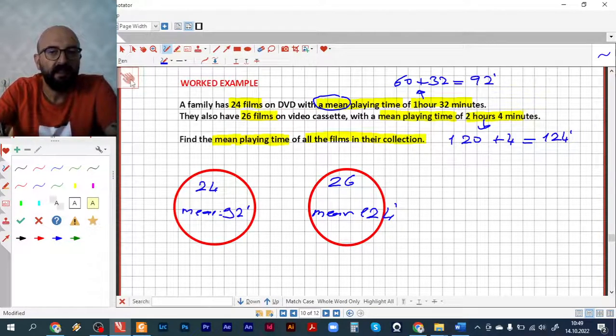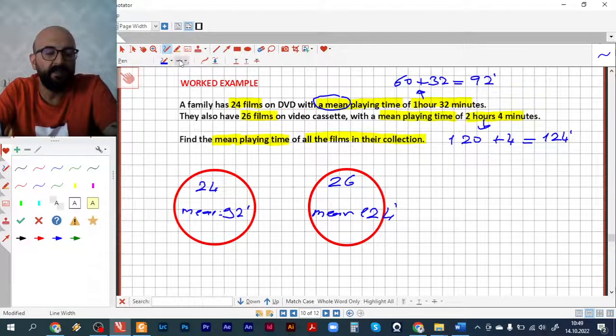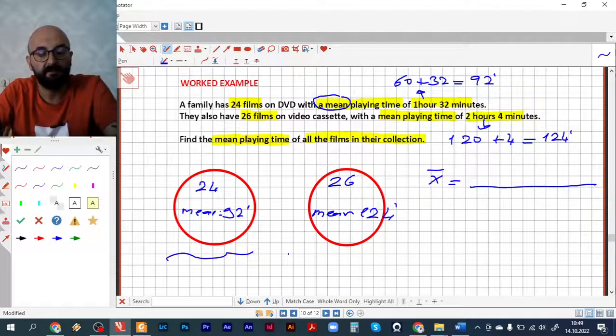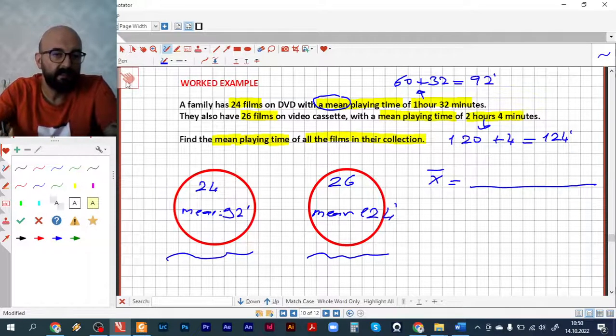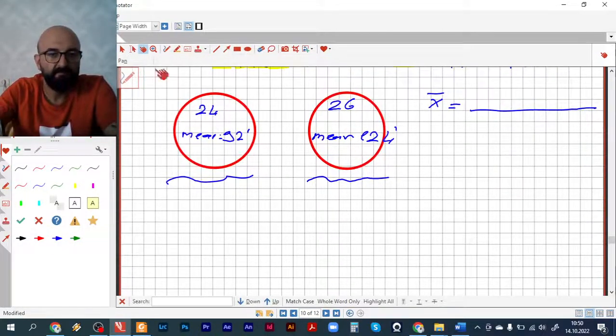And if we want to find all the data's mean, we should find the total playing time of the first group, and we should find the second group's all films playing time, and the mean.